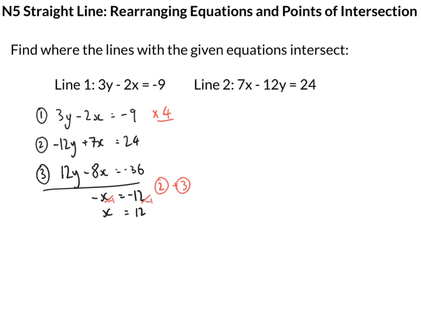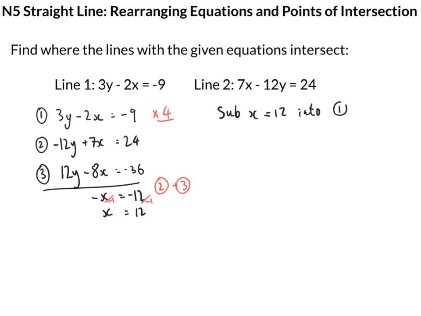So I've got one of my values. I know what x is. I now want to find y. So I can substitute x equals 12 into any of the equations I've got here. Because the numbers are slightly smaller here, I'm going to use 1.